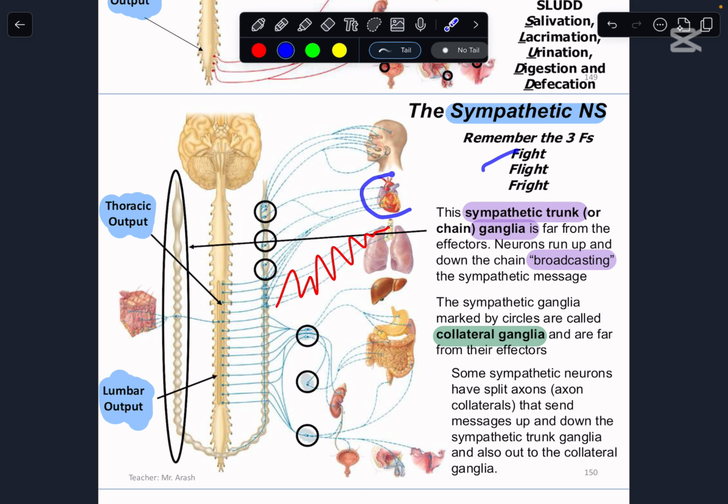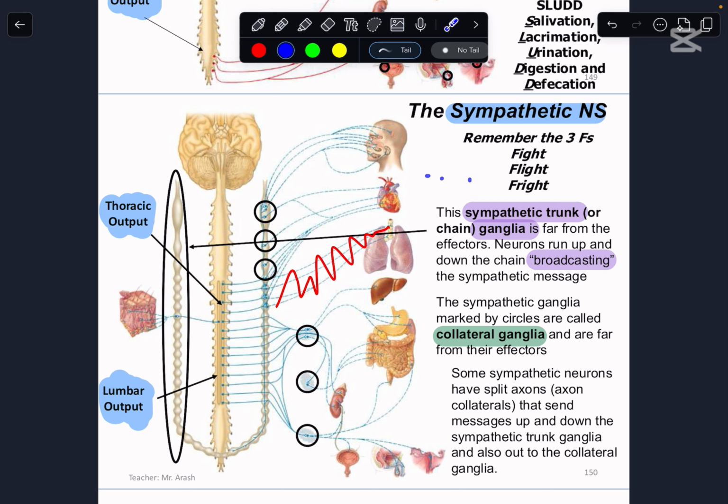You want to have a higher heart rate, but you also want to have a higher respiratory rate at the same time. You also want to make sure that your gut is shut down at the same time. You also want to make sure that your genitals are not necessarily active. You also want your pupils dilated so you can have maximal vision.